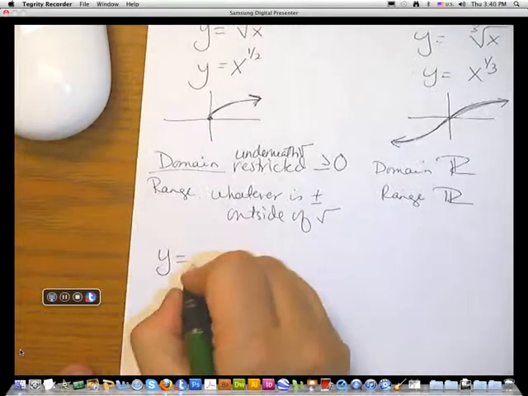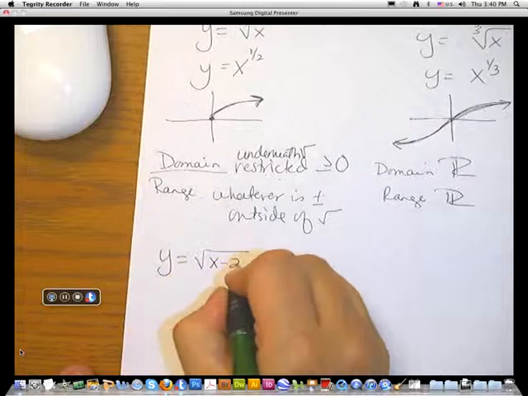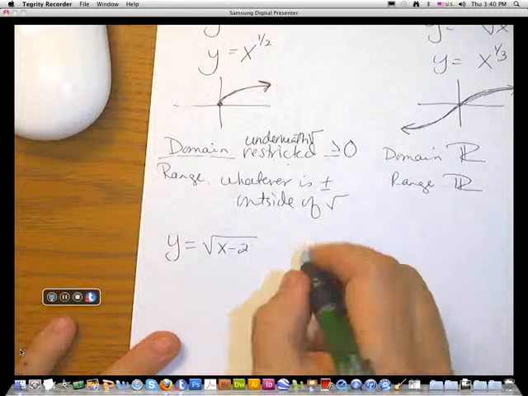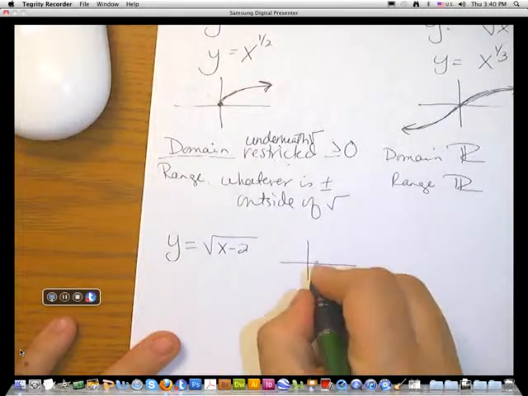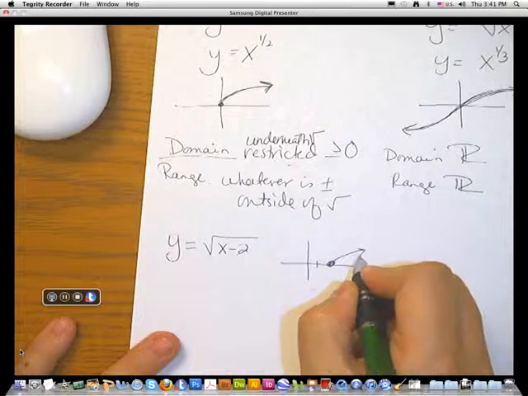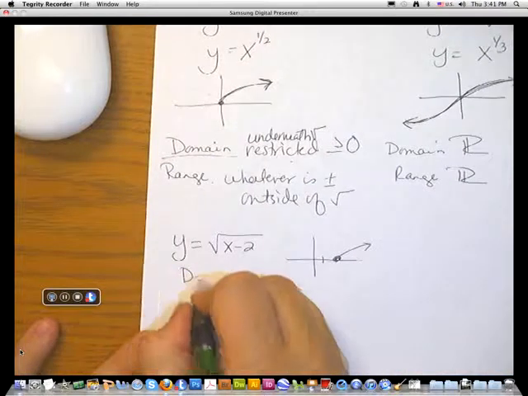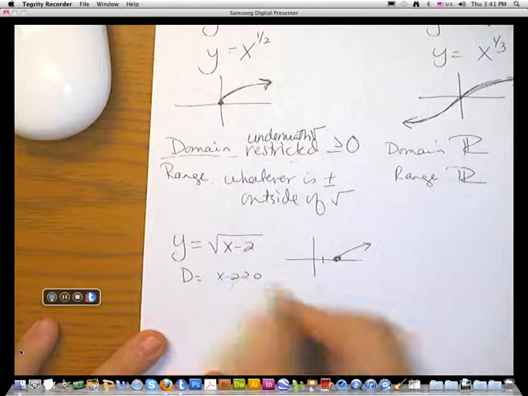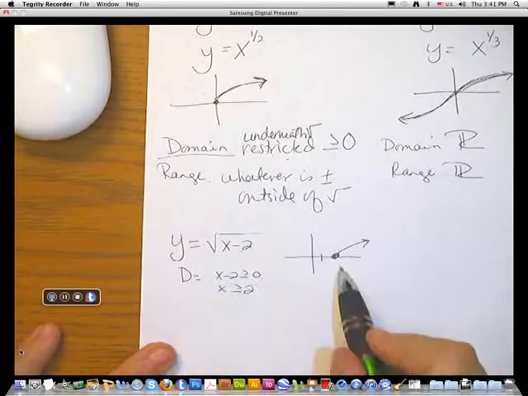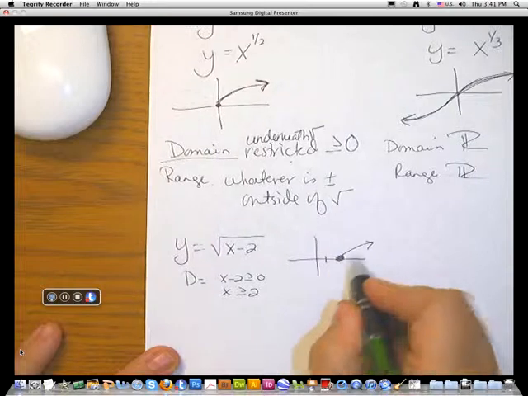If I have y equals the square root of x minus 2, the picture of this is it starts at positive 2 and goes up. So the domain is x minus 2 greater than or equal to 0, so x is greater than or equal to 2. See how it starts at 2 and goes to the right?